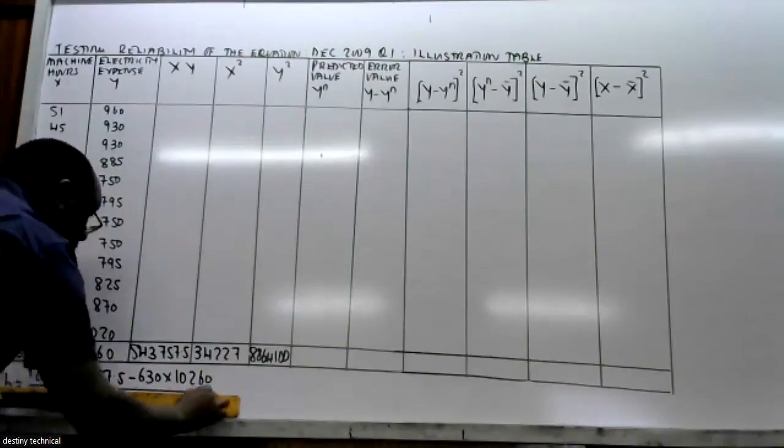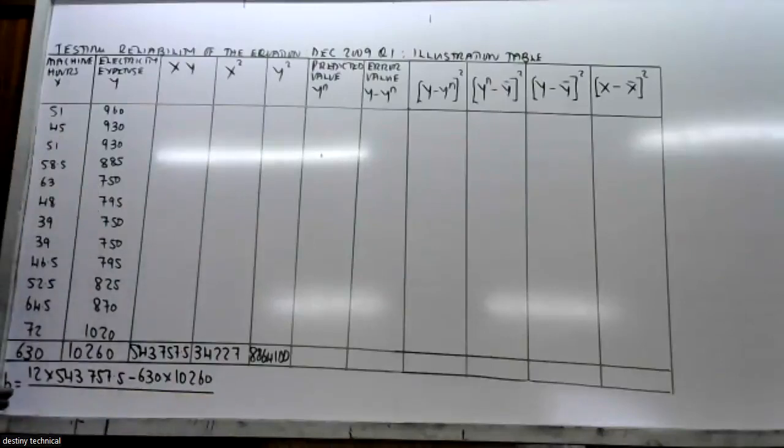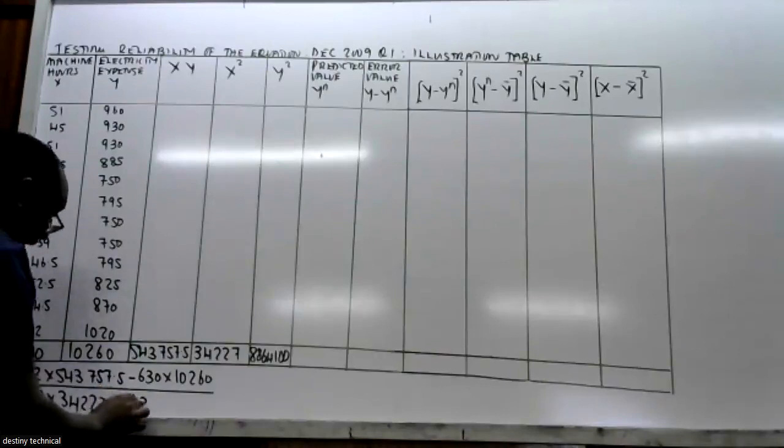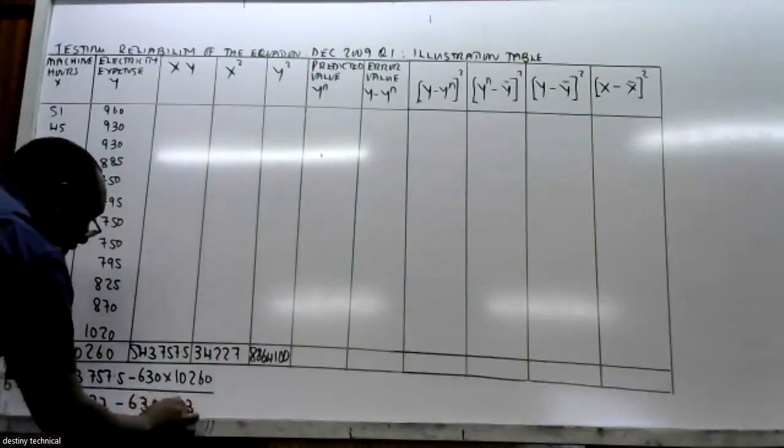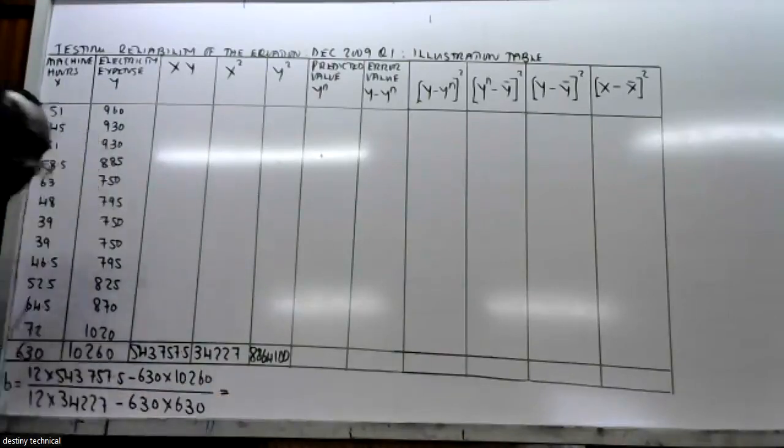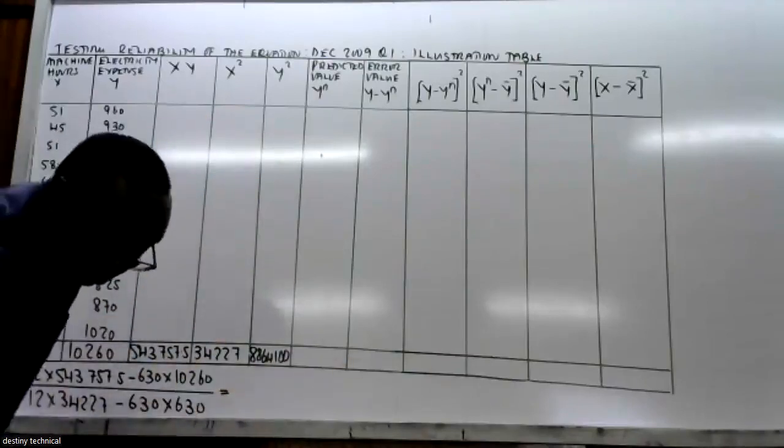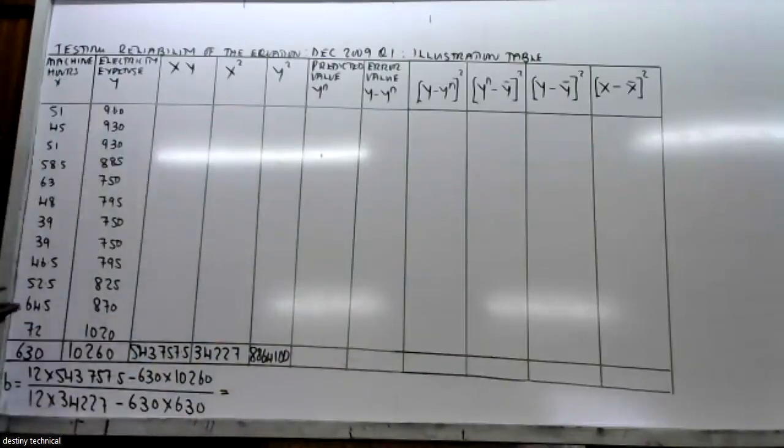Now this one, you divide by n, 12, multiplied by sum of x squared, which is 34,227, minus sum of x, 630, multiplied by 630.